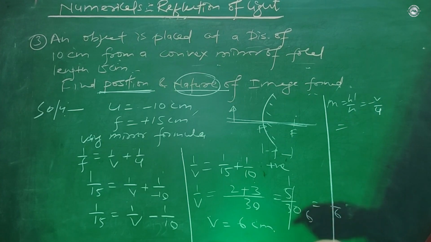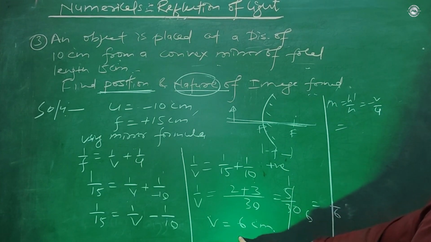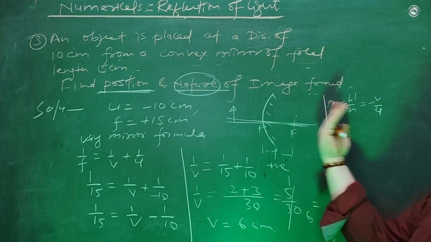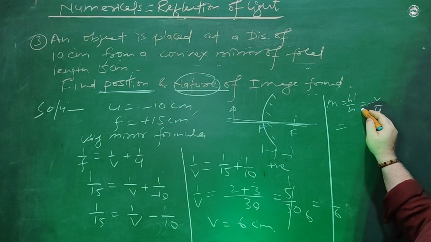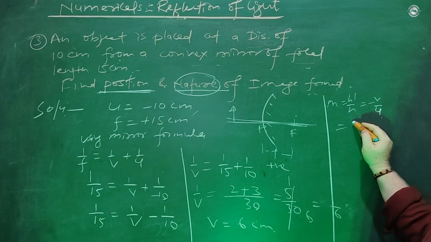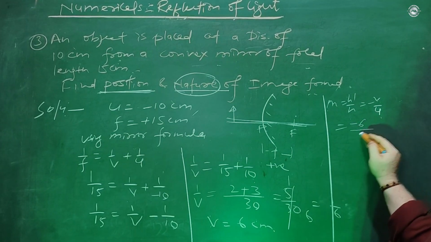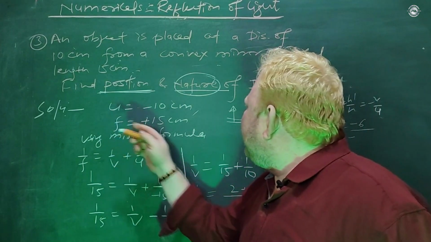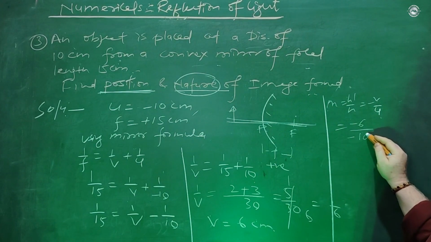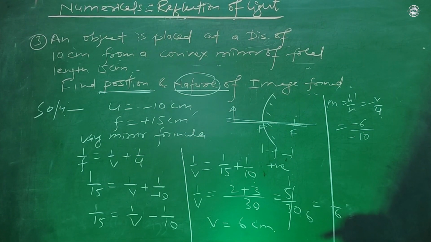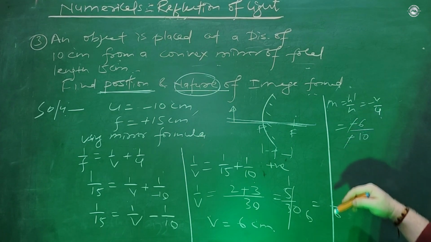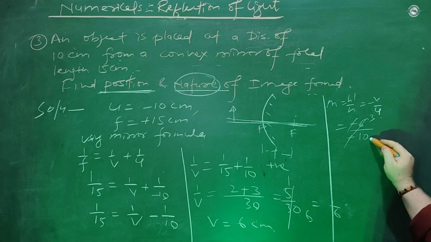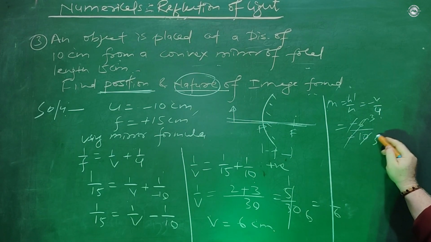M is equal to h dash by h is equal to minus of v by u. Now v here is coming positive, that means the image is formed on the right side of the mirror. So m is equal to minus of v by u, minus of 6 centimeter by minus 10 centimeter. Minus minus is plus, so it is 3 by 5.